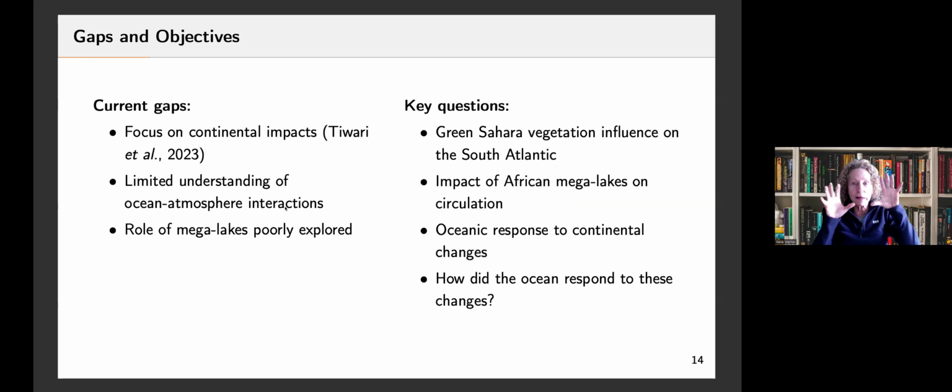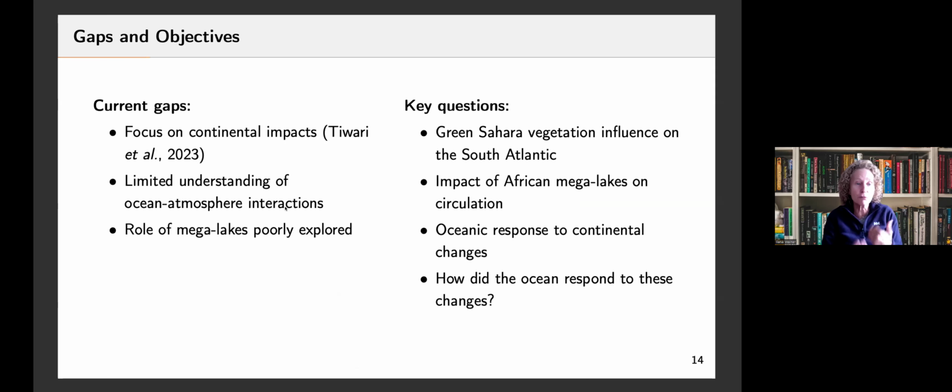So this leads to a lot of gaps, which will guide our objectives. What are the current gaps? Most of these studies that look at differences in rainfall across climates focus on continental impact. So you're looking at monsoons, things that are happening on the continents, which makes sense because that's where people live, but we have a limited understanding of the ocean atmosphere interactions that lead to these continental changes.